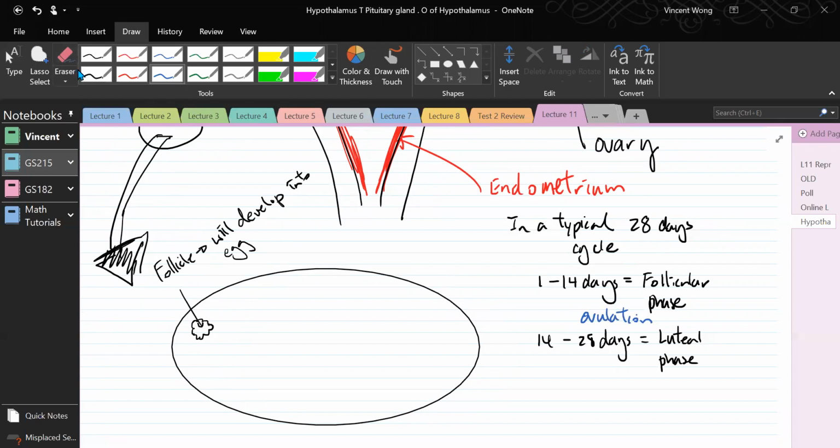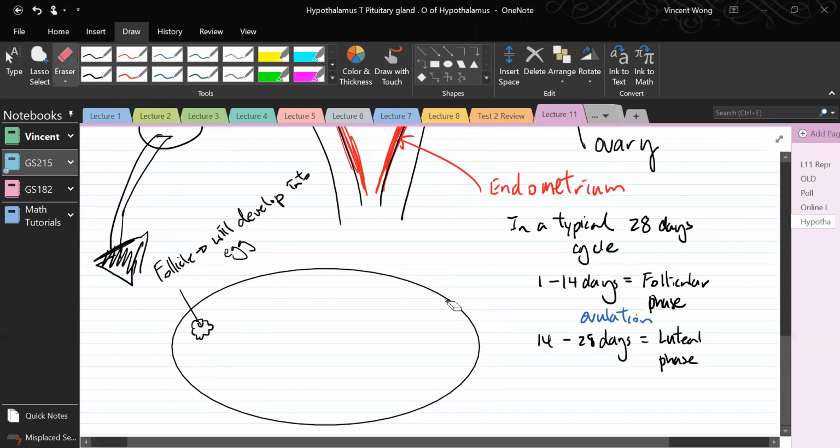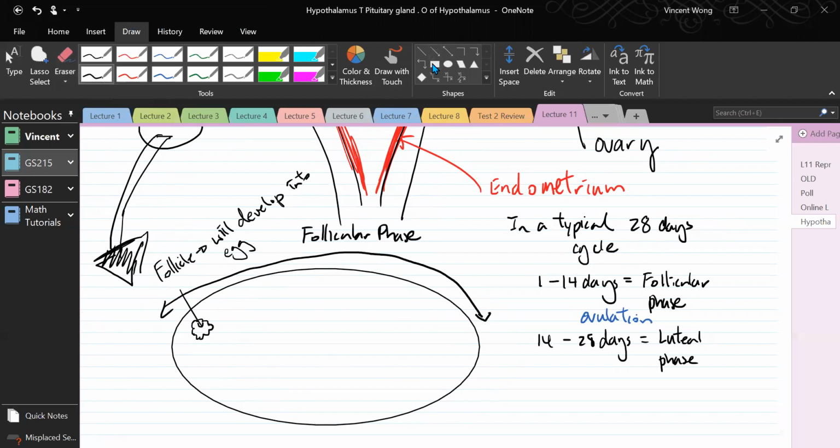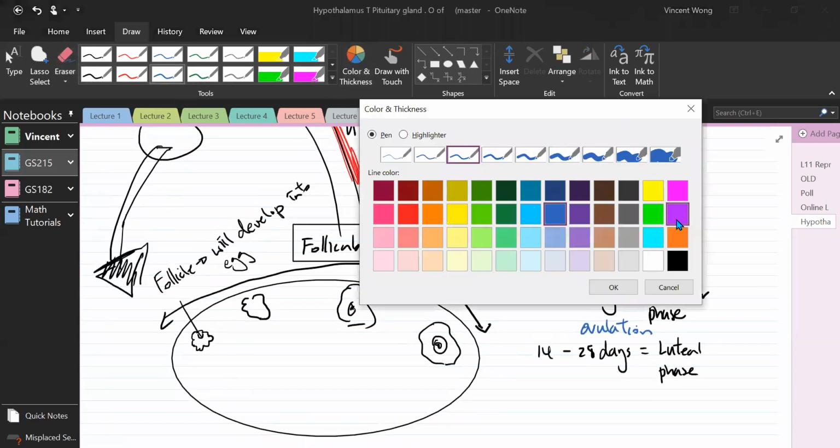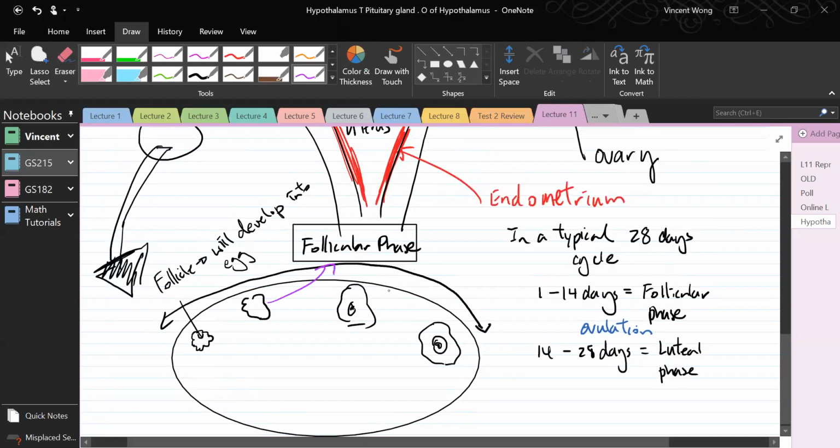So we're within the ovary right now, during the follicular phase, which is this half here. As the name implies, the follicle is going to develop during the follicular phase. So this follicle will grow and grow until the egg is mature inside. As the follicle is developing, it is going to release a hormone.